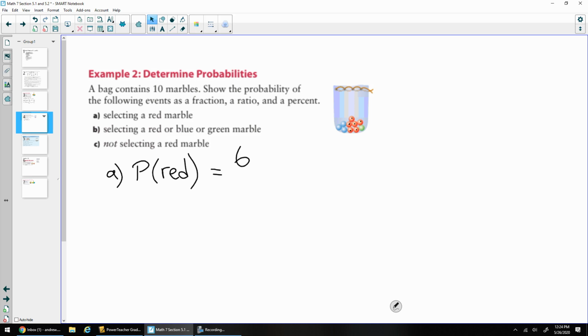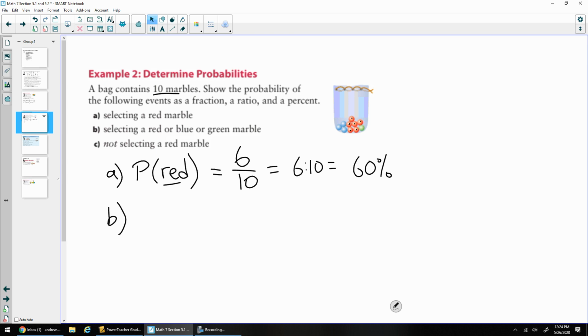So there's 6 favorable if we're looking for red, out of the 10 marbles. So 6 out of 10, which is the same as 6 to 10. 6 out of 10 is the same as 60%.